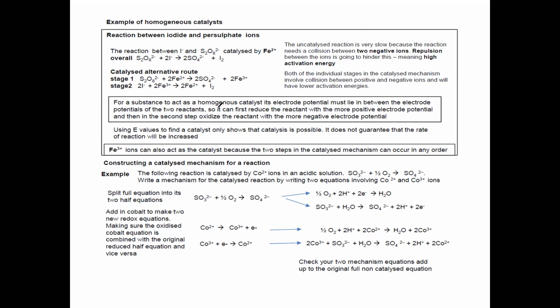So for a substance to act as a homogeneous catalyst, its electrode potential must lie between the potentials of the two reactants. Here, iron 2 is changing into iron 3 and iron 3 is changing back into iron 2.